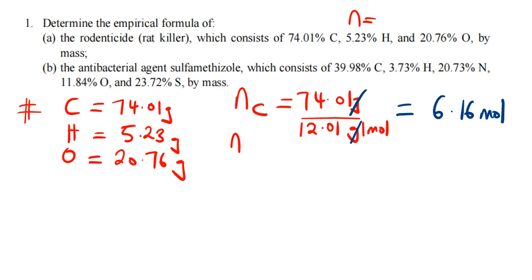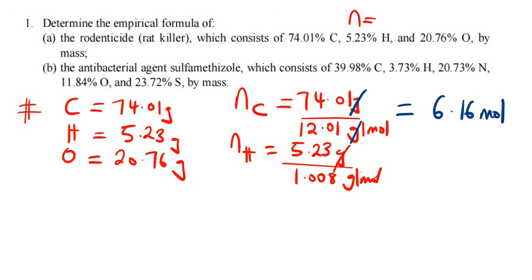What about the number of moles of hydrogen? The mass given is 5.23 grams, and we divide by the molar mass for hydrogen, about 1.008 grams per mole.